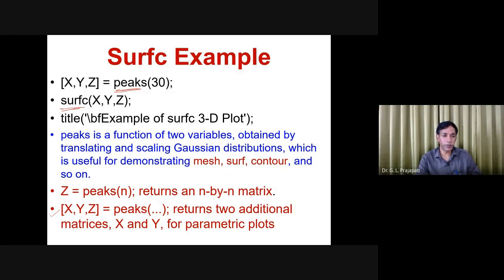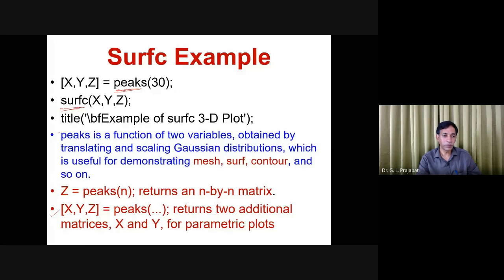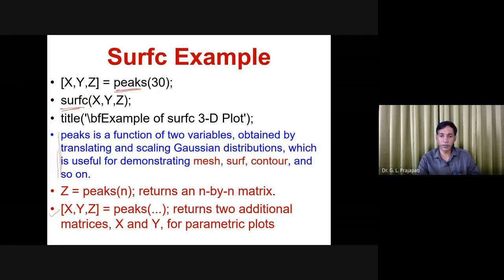So how does peaks work? Peaks is a function of two variables obtained by translating and scaling Gaussian distributions, which is helpful for demonstrating mesh, surf, contour, and so on. If you want more technical details about the Gaussian distribution, you can read them yourself. For the time being, just remember that the peaks function also returns the two matrices x and y, and it also returns the matrix z.